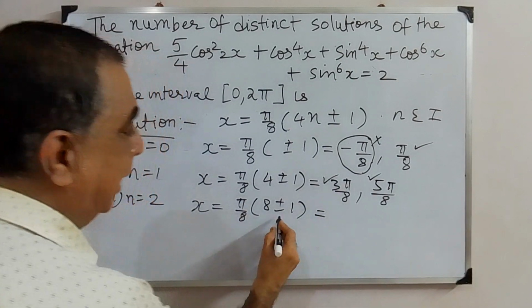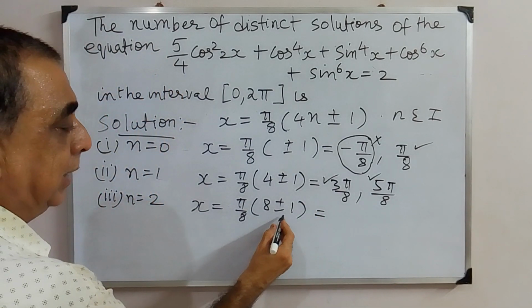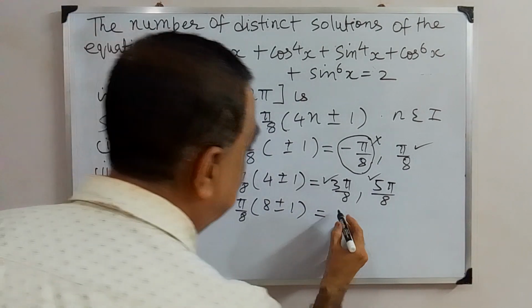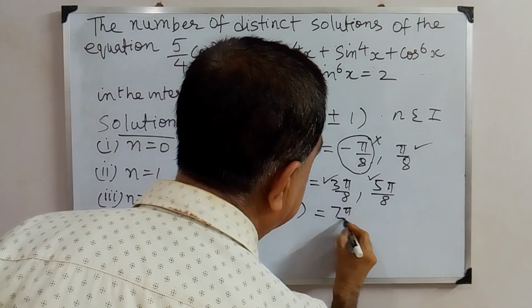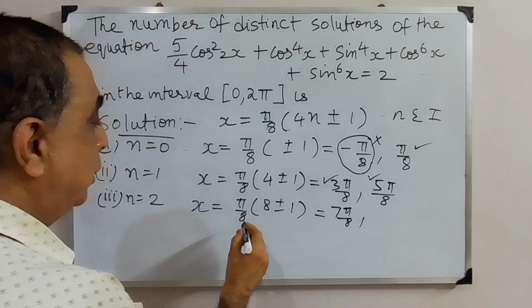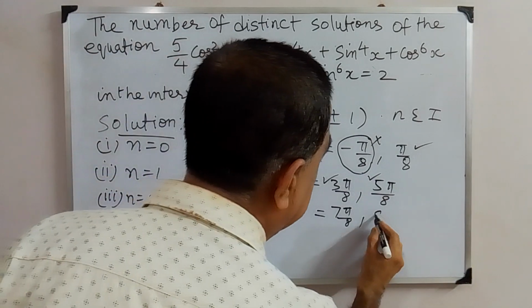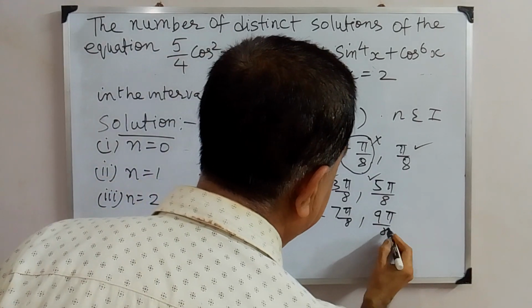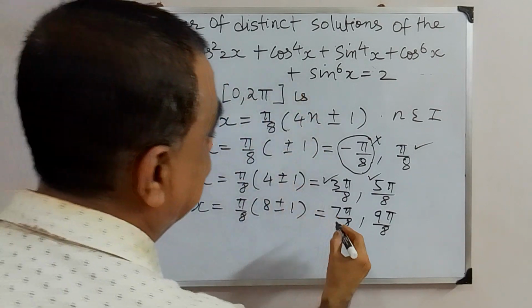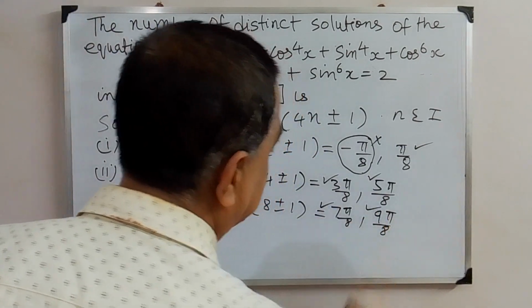When I put minus, 8 minus 1 is 7, so 7 pi by 8, and when there is a plus, this will become 9 pi by 8. Both 7 pi by 8 and 9 pi by 8 are in this range, so both are accepted.